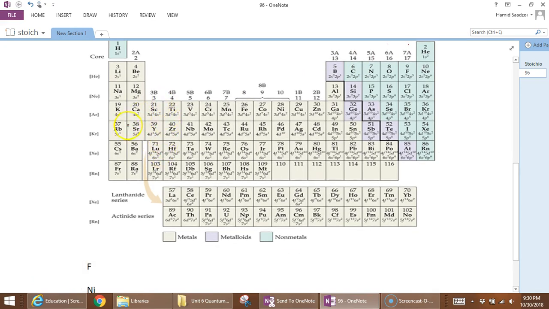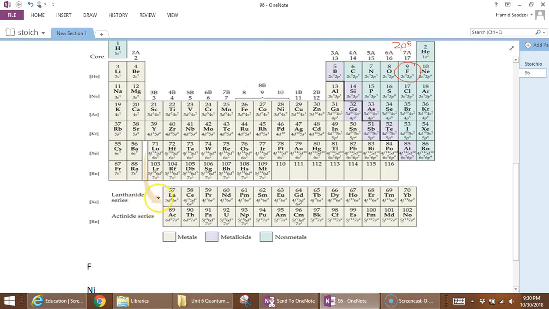So I'm going to start with fluorine. If you can see, fluorine is right here in the periodic table. All right, so my stop sign for this is going to be basically P5. And since it's in the second period, 2p5. So I'm going to show all the electrons and I'll stop at 2p5.